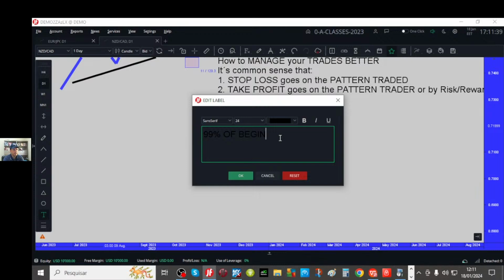Now, 99% of beginner traders on Dukascopy burn accounts because they take small profits and they don't know how to correctly manage their trades.